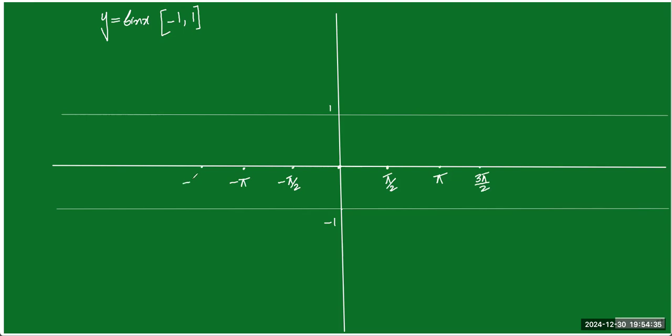This is minus 3 pi by 2. Then here we have 2 pi, and definitely here is minus 2 pi. And here it is 5 pi by 2, and this side will be minus 5 pi by 2.